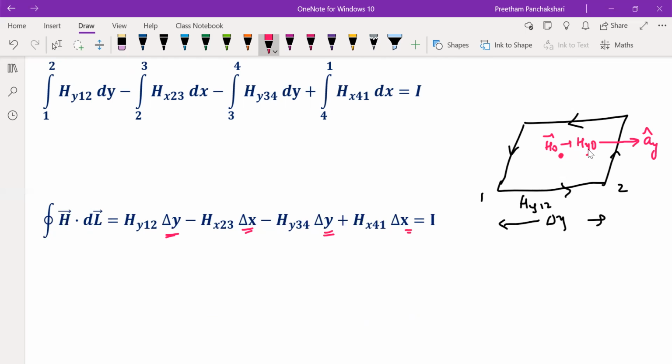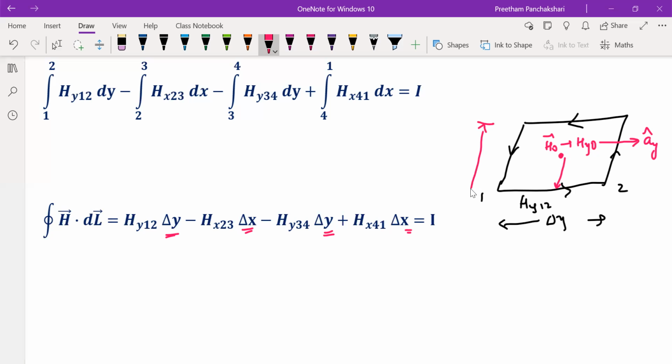Let us assume that we know Hy0. Then what is the value of Hy12? That depends upon how much this Hy0 changes while moving from the midpoint to this side 1, 2. While traveling this much distance, how much change does it undergo? If you consider that change, you will get this value Hy12. So first of all, what is this distance?